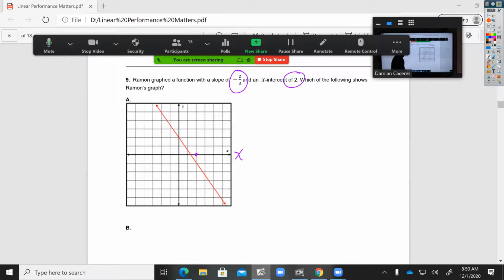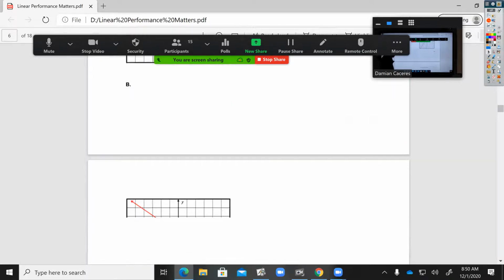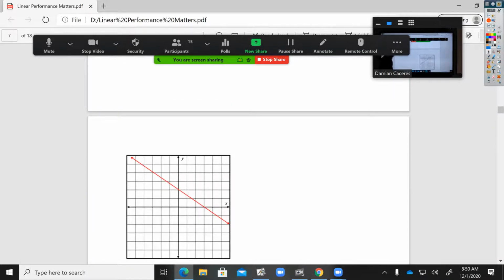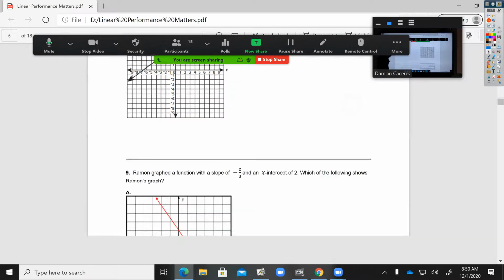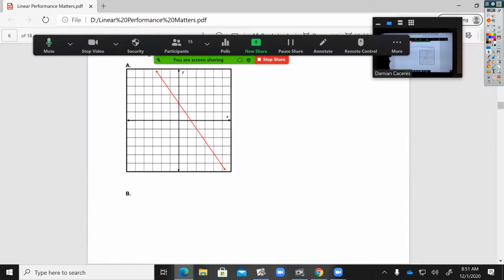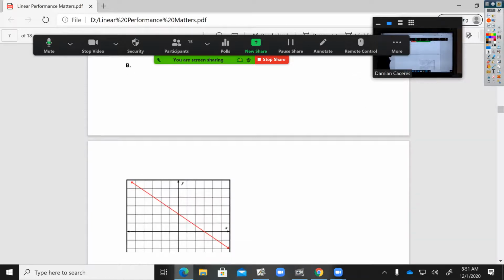So we know that A is wrong. This red line touches the x-axis on positive 3. And up here it says that the x-intercept is positive 2, not positive 3. So already A and B could be eliminated.